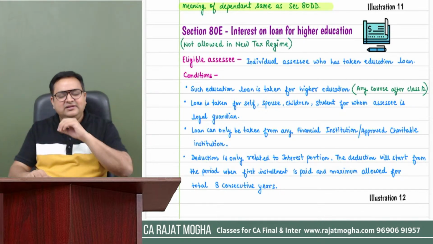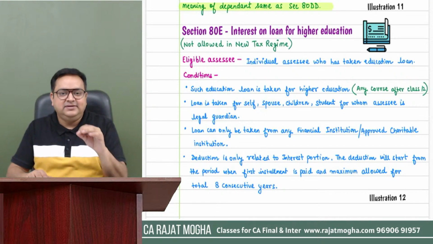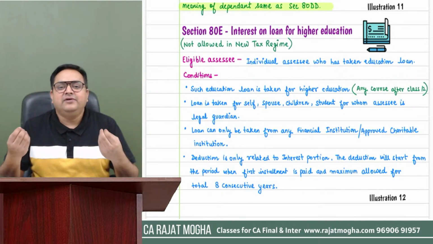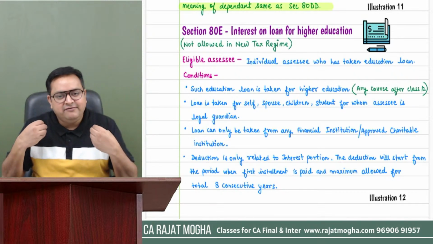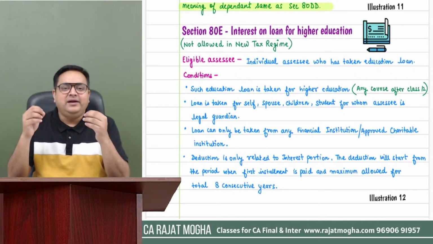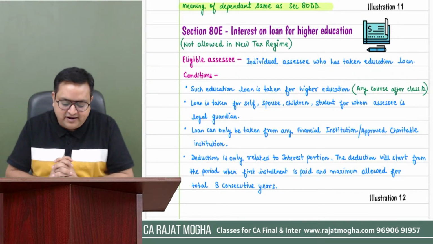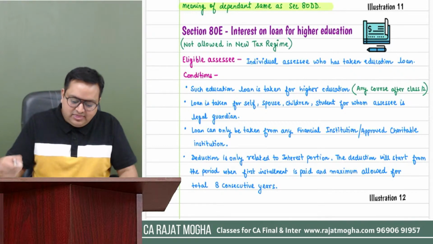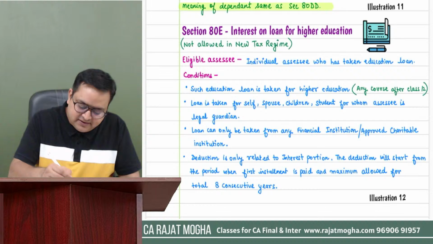These four are related to interest. These are interest-based deductions. Whenever we have taken a loan and we are paying any interest, this deduction is available under these particular sections: 80E, 80EE, 80EEA, and 80EEB.